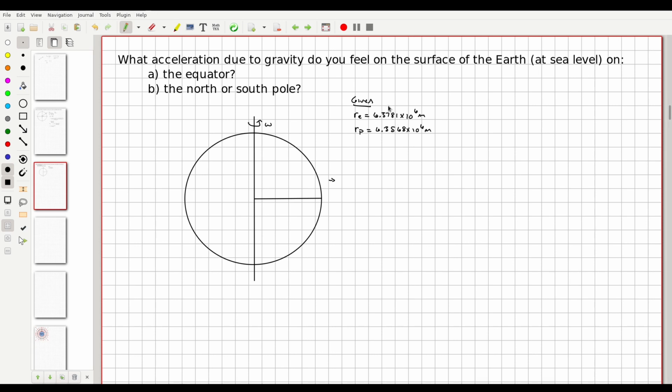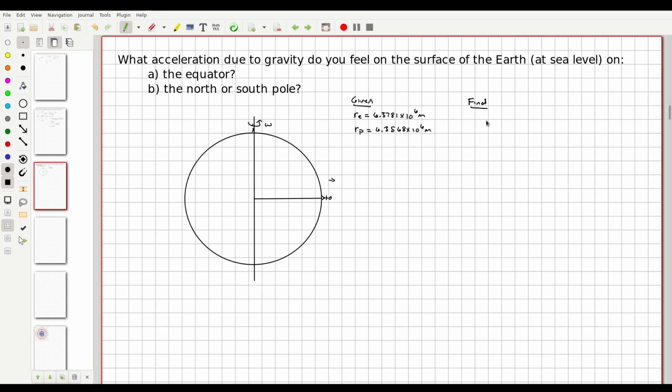All right. And if it's a little bit bigger, that means that if you think of standing here on the equator and your distance relative to the center of the Earth versus standing here on one of the poles, you're actually closer at the poles, which means that you're going to experience, we're going to discover, a slightly different acceleration due to gravity. Okay? So that said, what do we want to find?